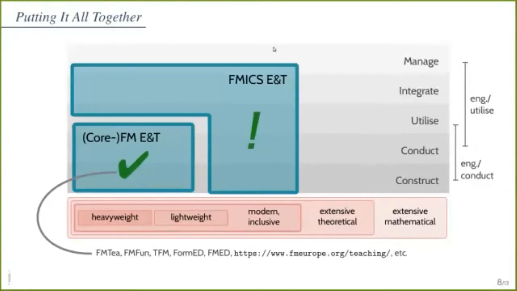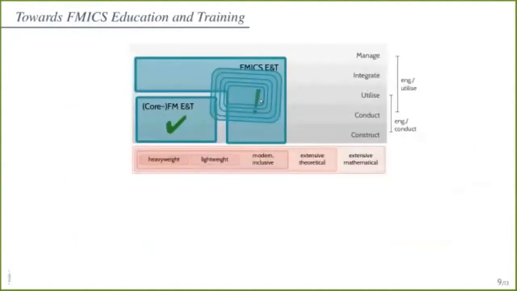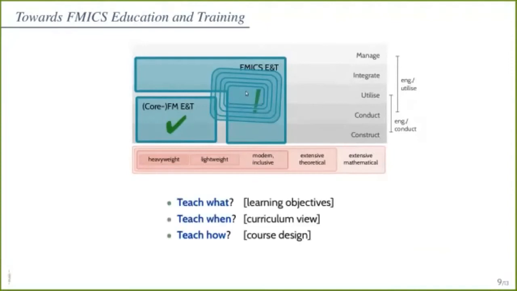The thing is that formal methods for industrial critical systems includes this larger area, a more inclusive interpretation, and people who are concerned with products. In other words, formal methods education is here, and FMICS education is more over here, different things. That is, now we have a location for the FMICS education challenge, say here. And now we can specifically discuss the what, the when, and the how.